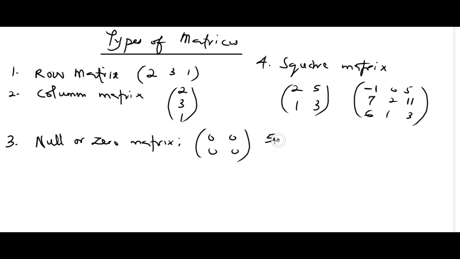Then number 5, we have what we call a scalar matrix. Now, what is a scalar matrix? A scalar matrix is a diagonal matrix in which all the diagonal elements are the same. For instance, if you have k, 0, 0, k, you notice that all the elements here, this is what we call the leading diagonal, are the same.